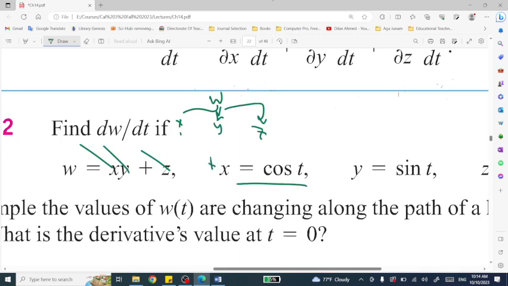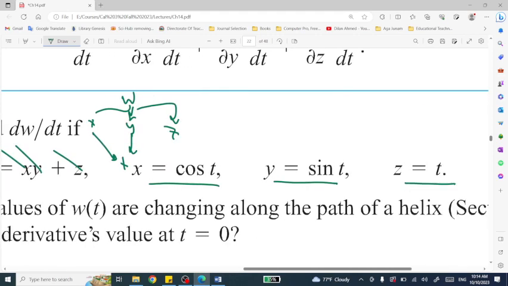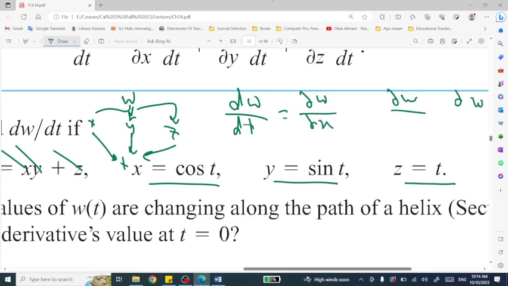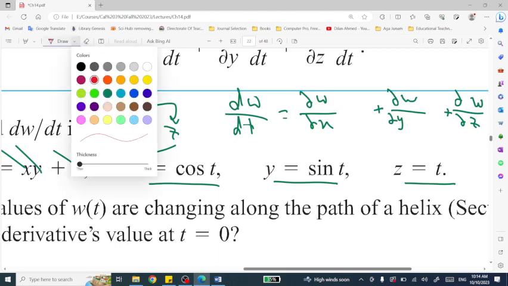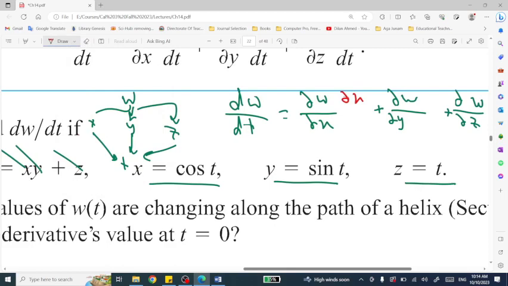T. How about y? Same. How about z? Same. So I can say dw by dt. But I know w is not alone. It has 3 parts: x, y, and z. And I know x is not alone, so I take partial w by partial x, with dx, dy and dz.